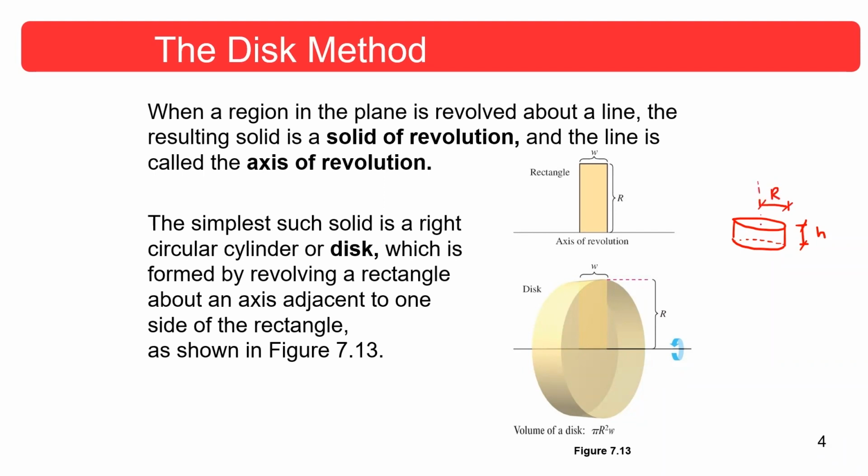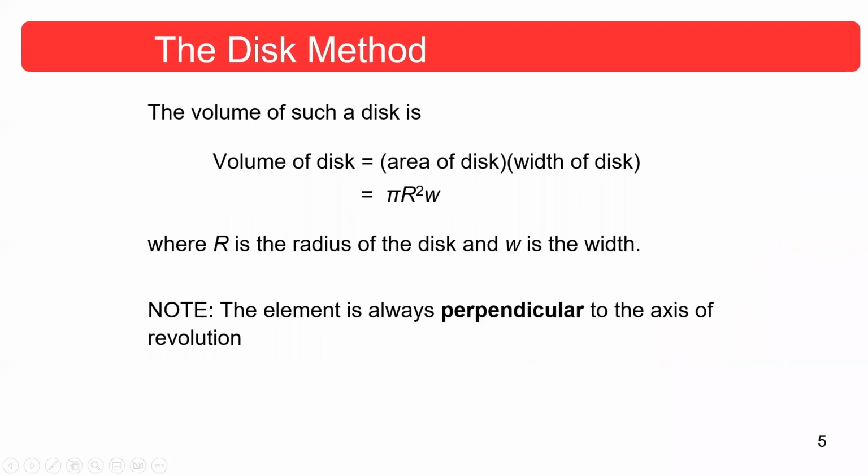Of course, this is your axis of revolution here. So if I ask you, what's the formula for the volume? It's pi r squared width, or in our case, pi r squared height. This is what I commonly use, just like what I have written.